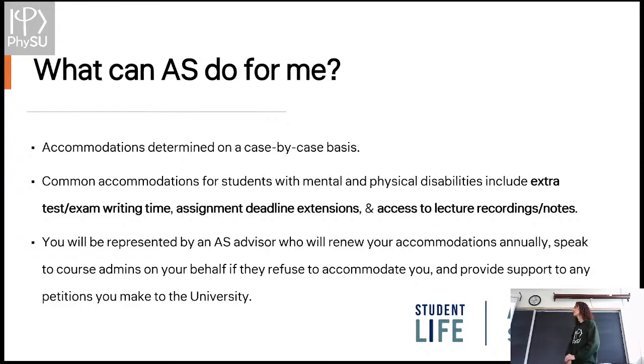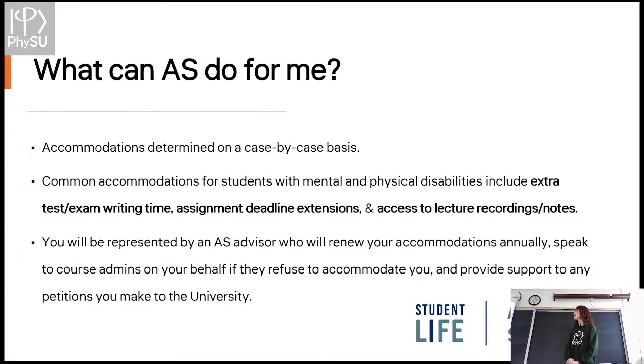So that's your advisor, and they will provide support and supporting letters to the university in the event that you need to make a petition. So in summary, accessibility services can provide help for you in the event that your university education is obstructed by your disability.